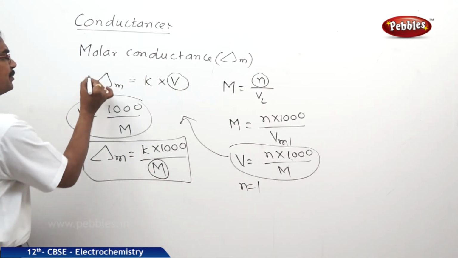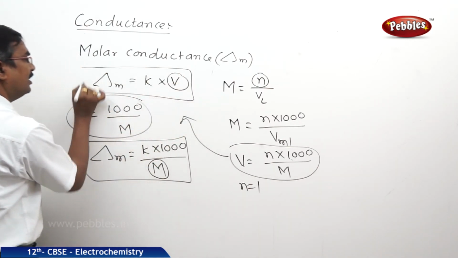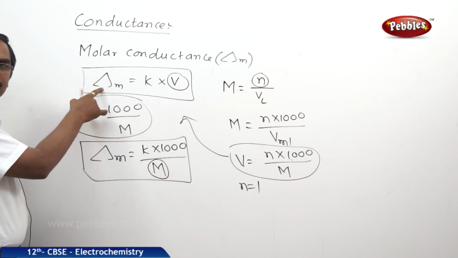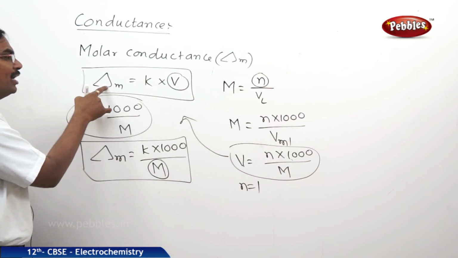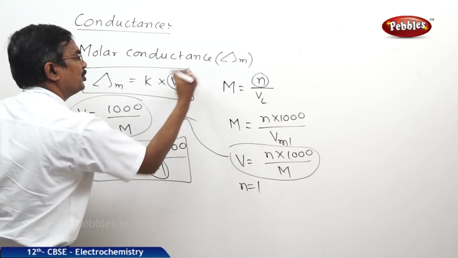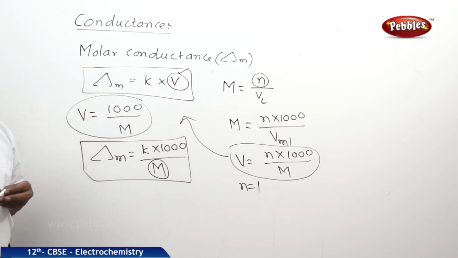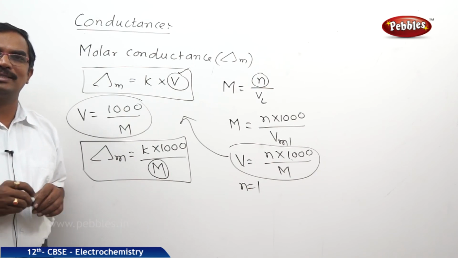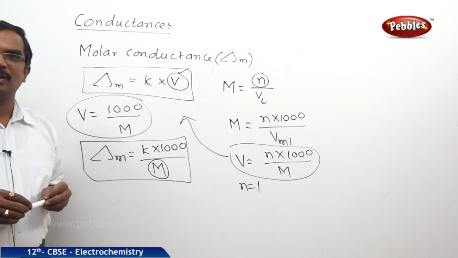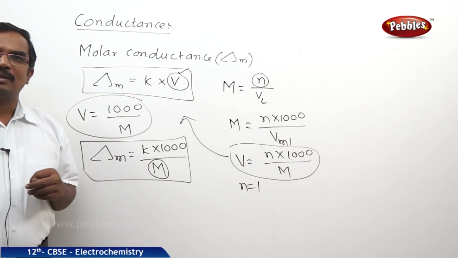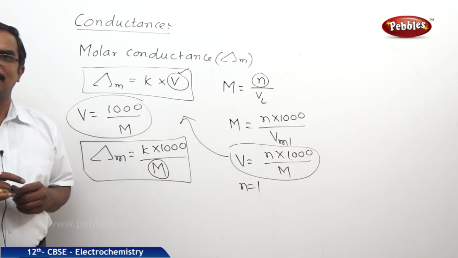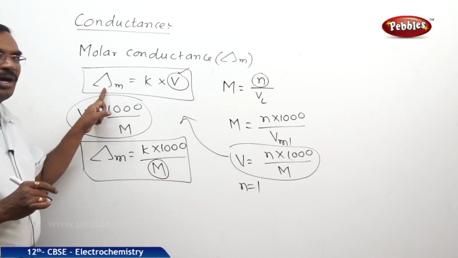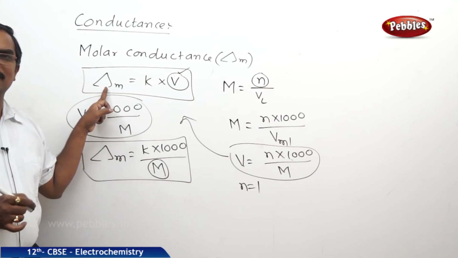And from this expression, one can understand that this lambda m, nothing but molar conductance, is directly proportional to volume. Here addition of solvent, we generally call it dilution. So on dilution, the volume increases. So automatically this molar conductance also increases.